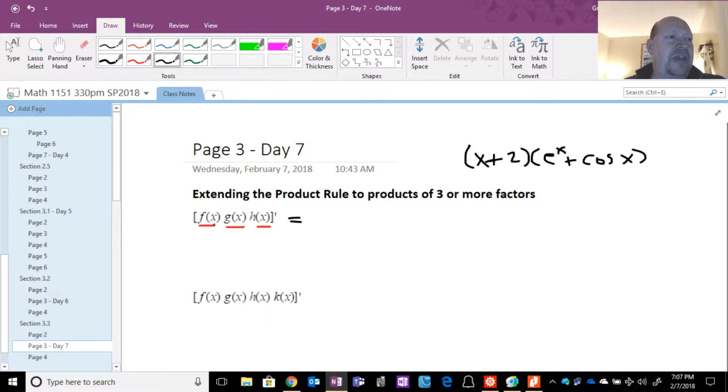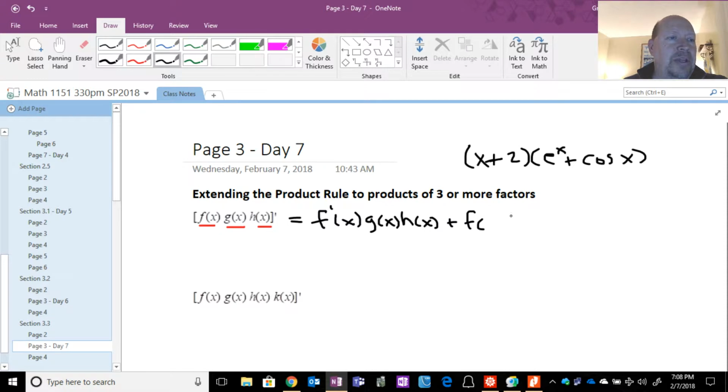If we have f of x times g of x times h of x, and we want to take the derivative of that, then we would just take the derivative of the first function times the other 2 as they are, without differentiating those, plus, and then we basically move the prime down the line, as we say.